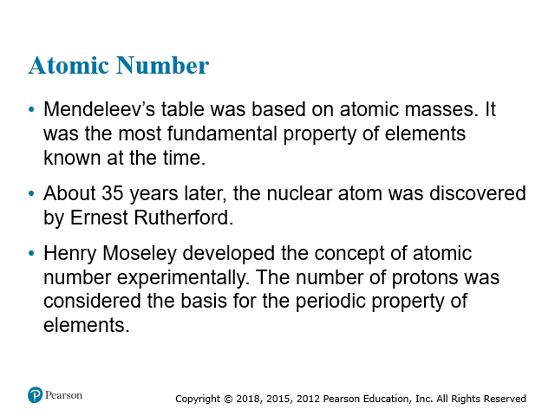And Mendeleev's organization wasn't perfect. I mentioned that he based his table on atomic masses. That was the most fundamental property known at the time. We didn't know anything about protons and neutrons. So understanding the nuclear nature of an atom didn't come along until about 35 years later, with discovery made by Ernest Rutherford.